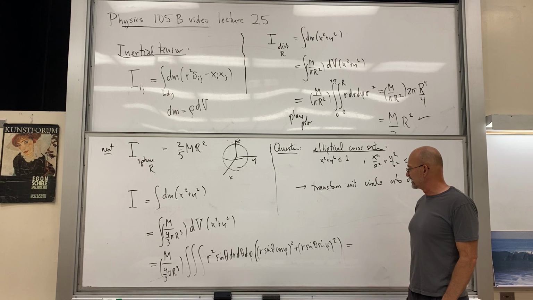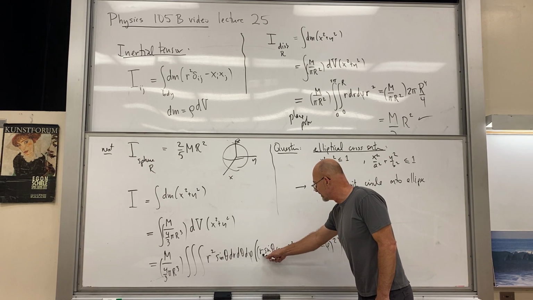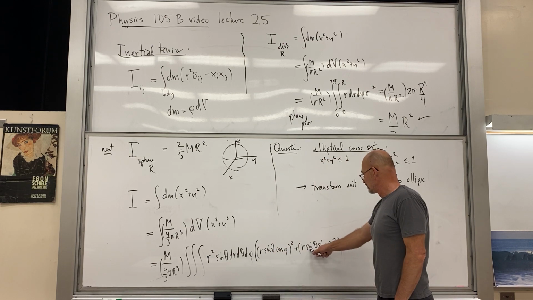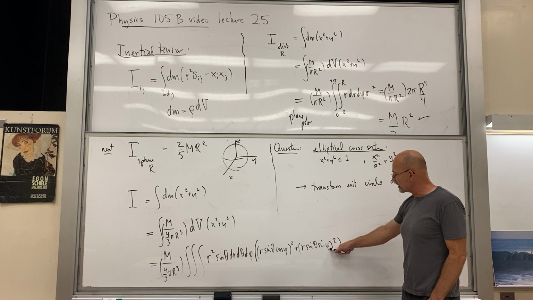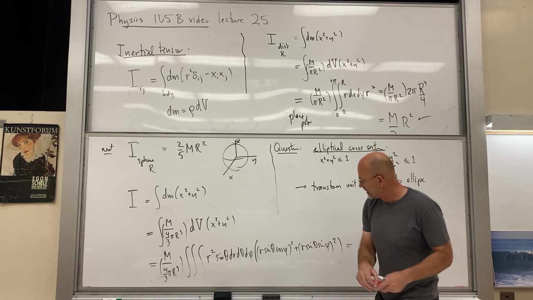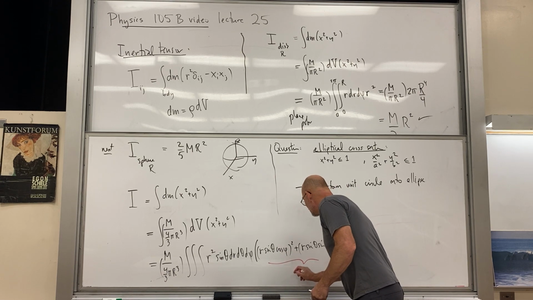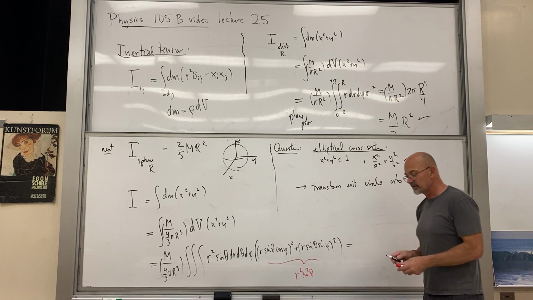It's actually no big deal at all. In fact, we can see here we're going to have an r squared, and then we're going to have cosine squared phi plus sine squared phi. That's going to give us a 1. So this is actually just r squared sine squared theta.